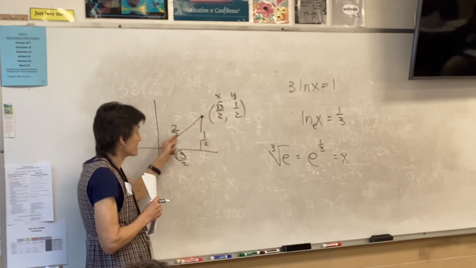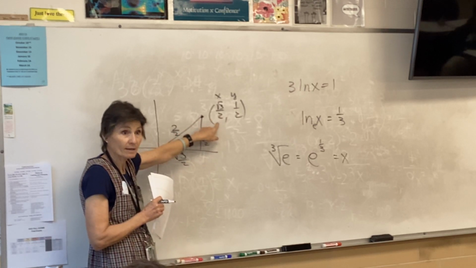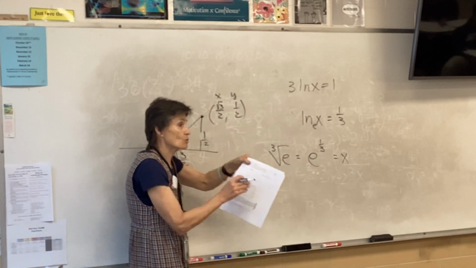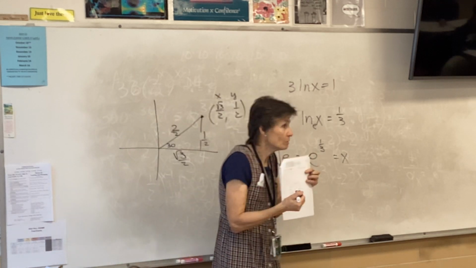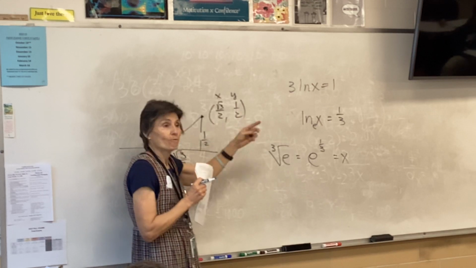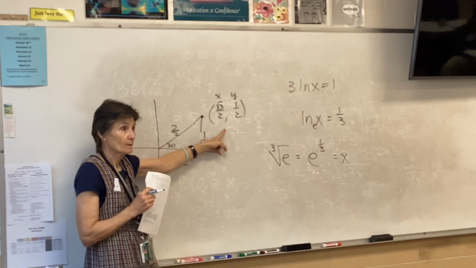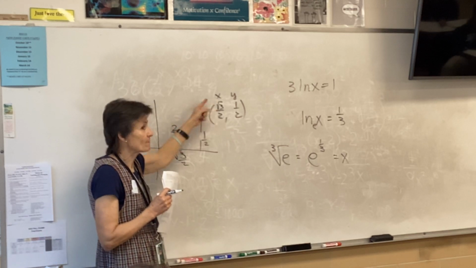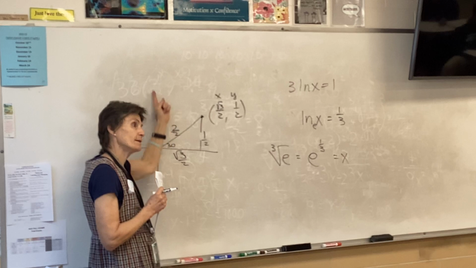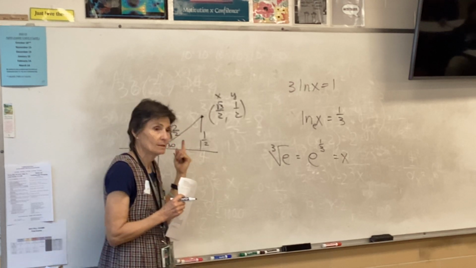If the radius is 1, then the cosine is just x. So what this circle gives you is the cosine and sine for all of your special angles. This is 30. They do the same thing for 45 and 60 and 90 and 120. All of them are there.